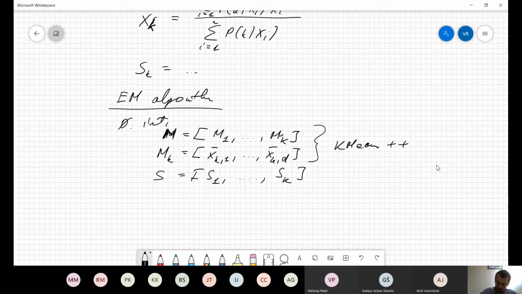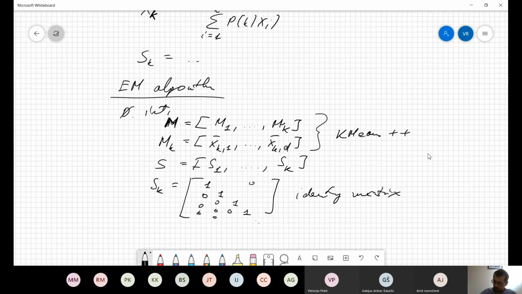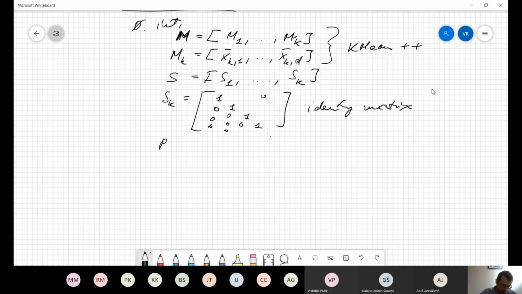For the initialization, sk is an identity matrix, so we have ones on the diagonal and zeros everywhere else. This identity matrix is for the beginning, and the weights are the same as before for each k. The identity matrix is d times d.